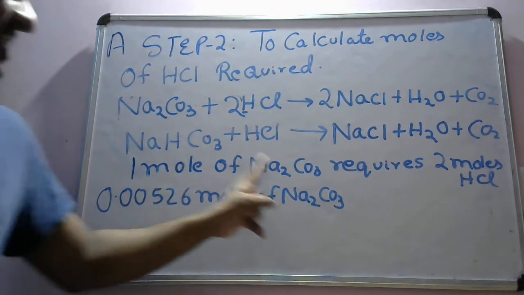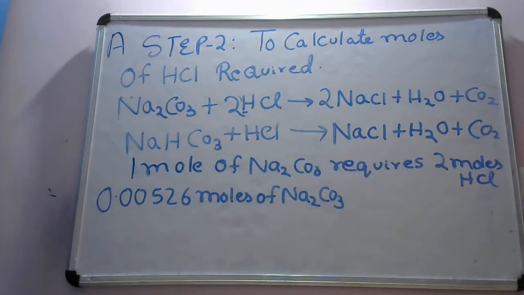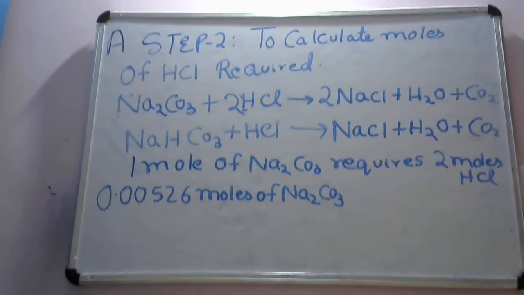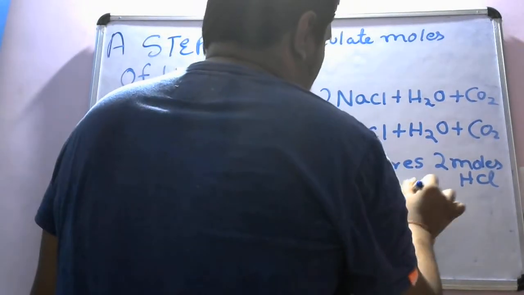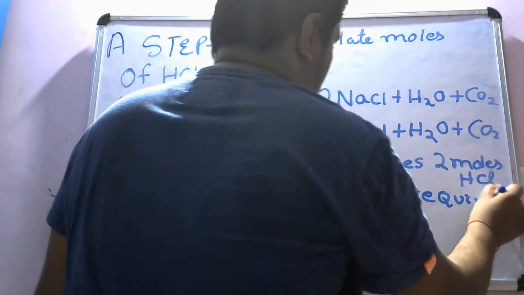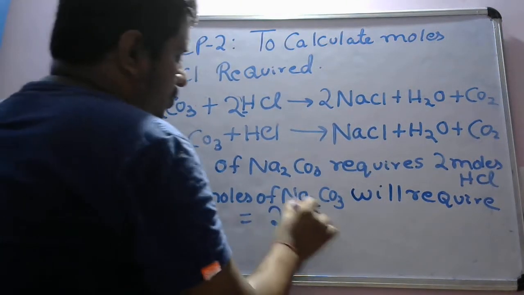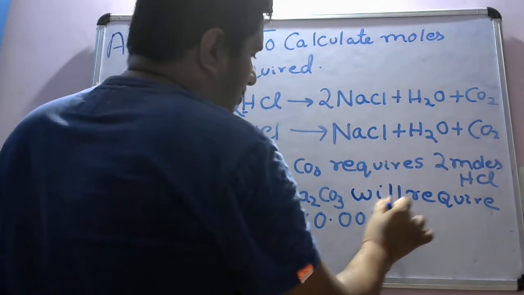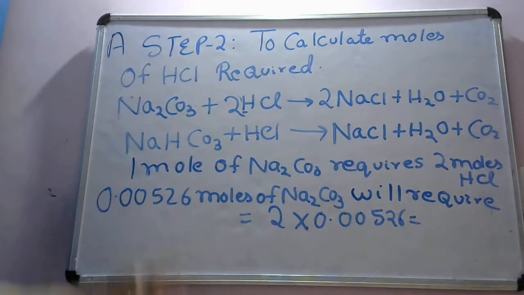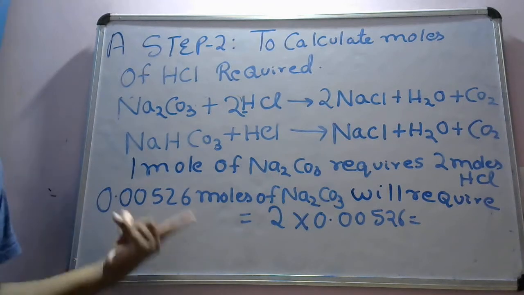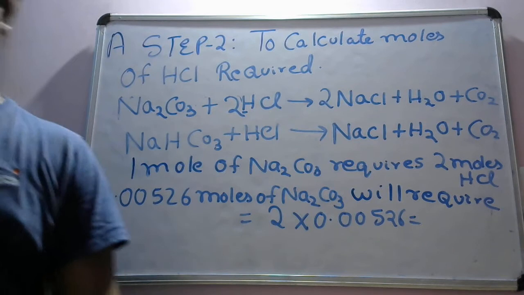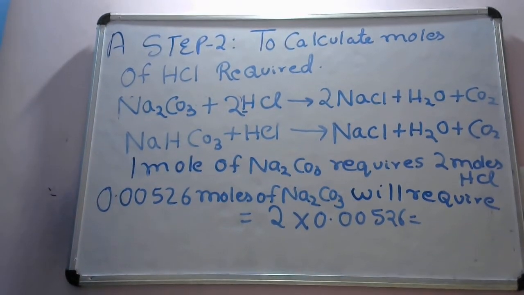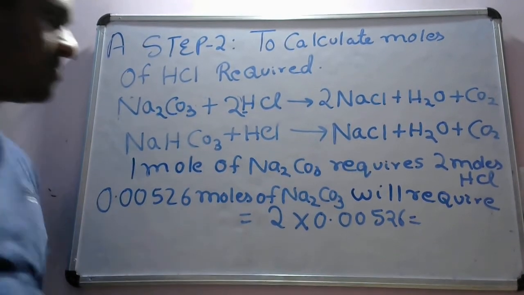If 1 mole of Na2CO3 requires 2 moles HCl, then 0.00526 moles of Na2CO3 will require 2 into 0.00526. This much moles which we calculated for Na2CO3 will require how many moles HCl? 2 into 0.00526, that is 0.01052 mole.